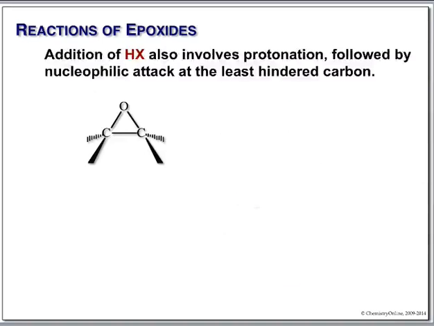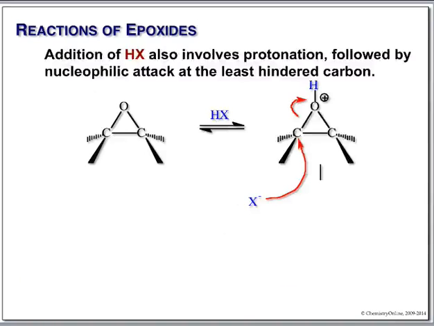Attack by HX is going to be exactly the same thing. Remember, X can be chlorine, bromine, or iodine. We're going to protonate, form exactly the same intermediate. Only difference is our nucleophile here is going to be the halogen anion. Halogen anion will attack.